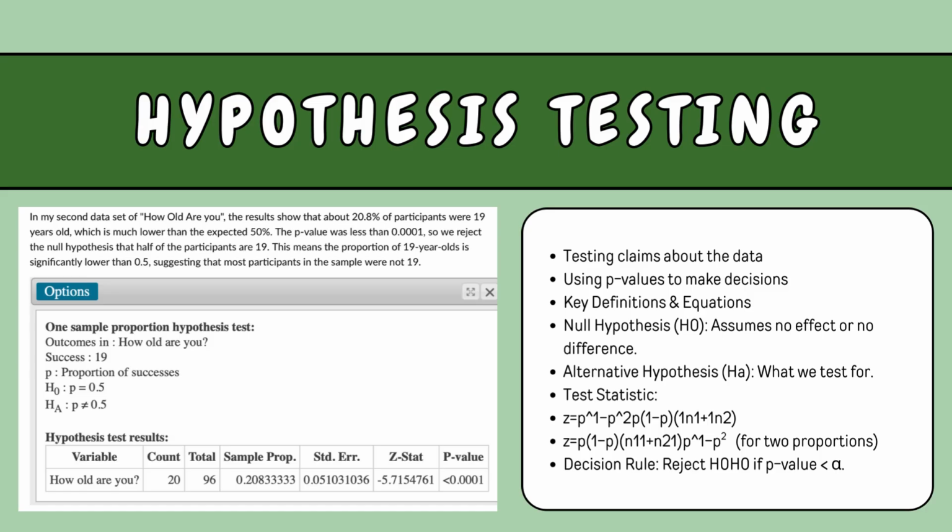And so we are seeing if we can reject the null hypothesis or fail to reject the null hypothesis, which would mean we accept the alternative, but we're not supposed to say that because that's just the likelihood, but we can't say it with 100% certainty. But overall, hypothesis tests help us make informed decisions about whether observed differences are either due to chance or if they might actually have some significance.